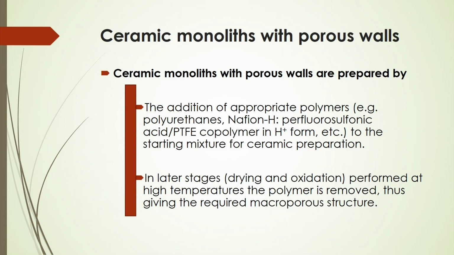In later stages, you have to do drying and oxidation at high temperatures. In this case, the polymer will be removed at that high temperature, thus giving the required macroporous structure of the ceramic monoliths.